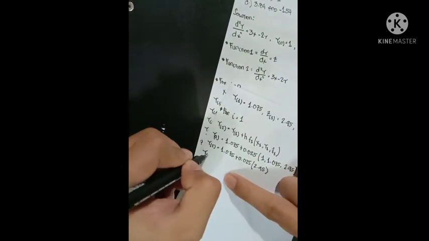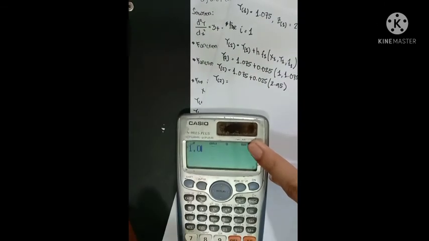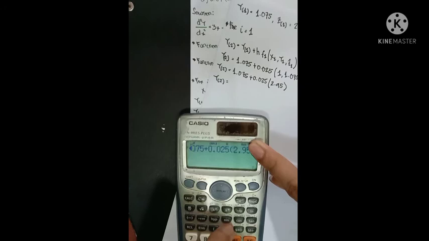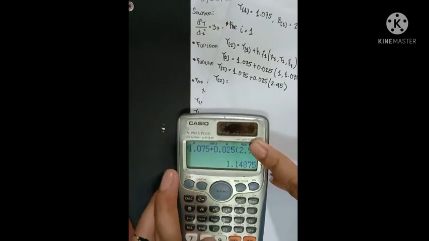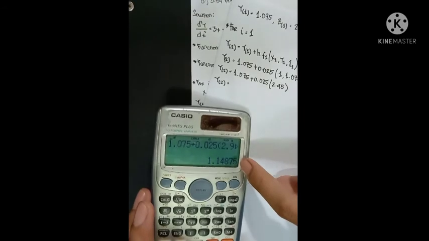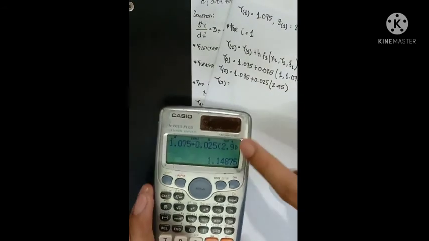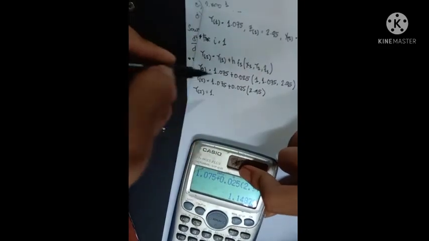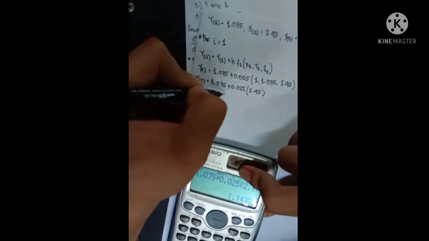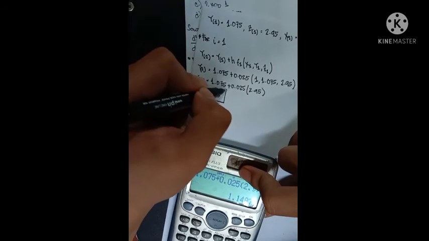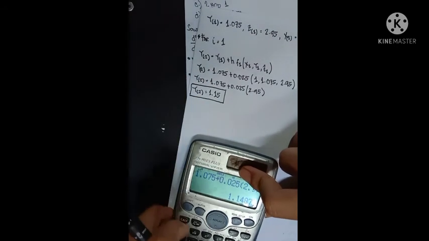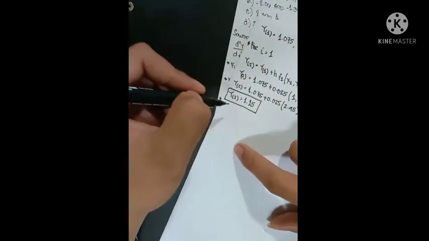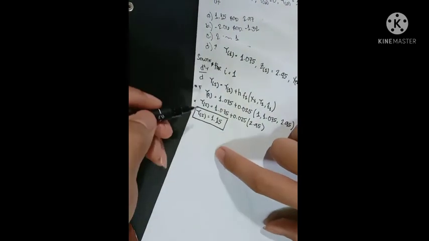So y sub 2 is 1.075 plus 0.025 times 2.95, which is equal to 1.14875, or using two decimals only, 1.15. So the value of our y2 is 1.15.